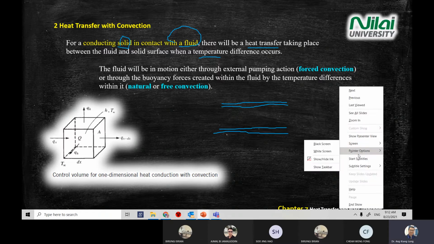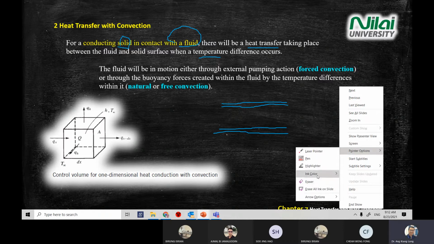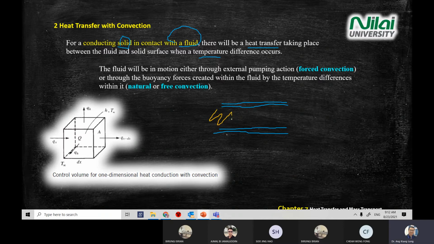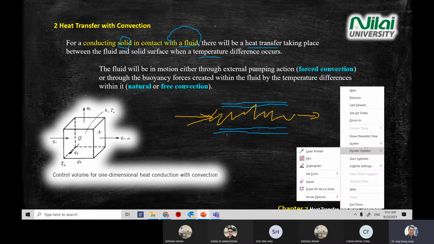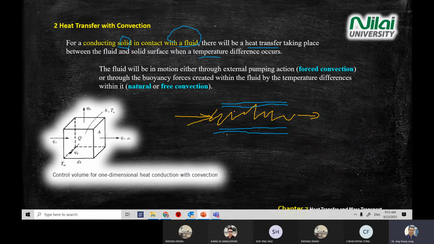The pipe is solid metal, and inside this pipe you have a hot liquid, a hot oil, flowing from left to right. This hot oil will transfer some heat to the blue color surfaces through conduction. So some heat will transfer from here into the blue color solid metal, then transfer to the atmosphere.